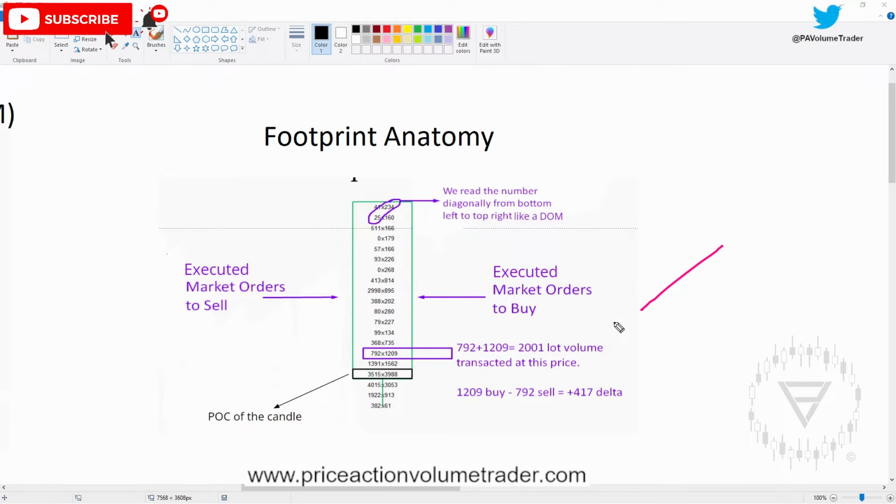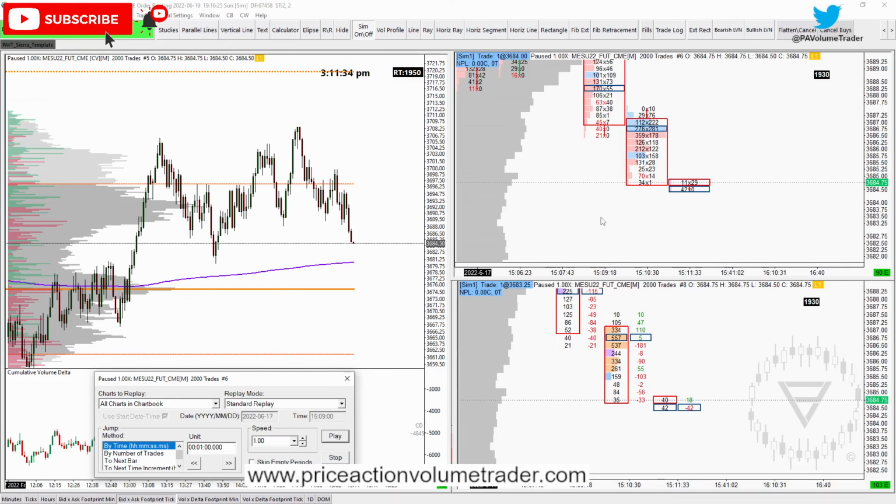So that means it's going to mark an imbalance if there's a difference of over 300% between the diagonal numbers that were executed.